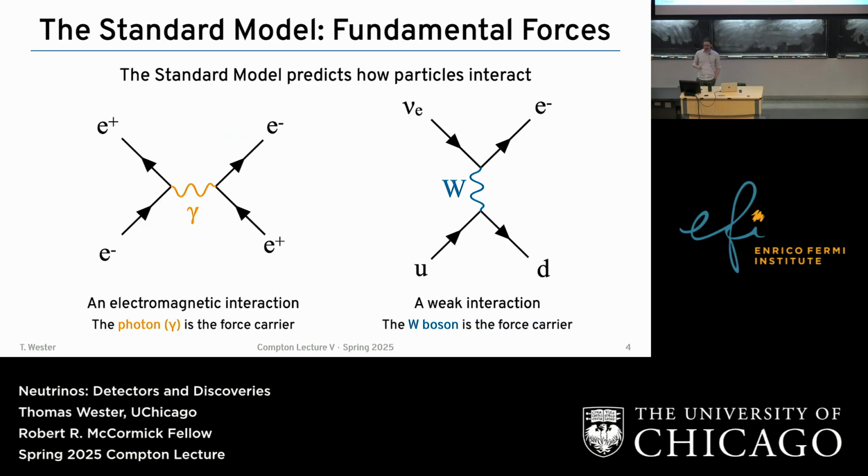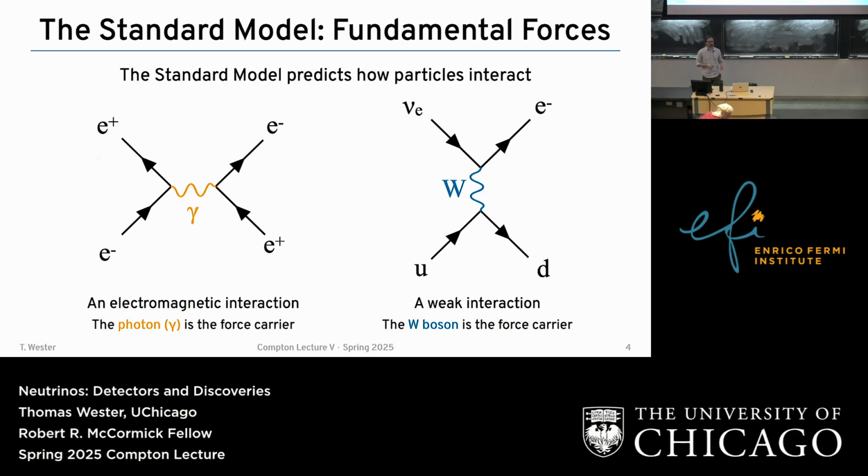And just a review of how these pieces fit together. So I've drawn here 2 diagrams of how we represent particle interactions. On the left diagram, we have what we call an electromagnetic interaction. This diagram can be represented with a positron, which is an anti-electron, so a positive charged electron, annihilating with an electron of negative charge.